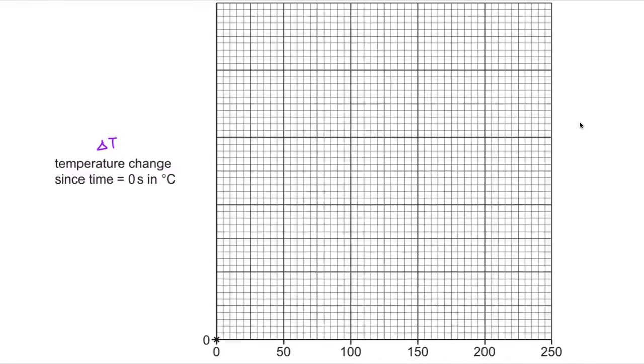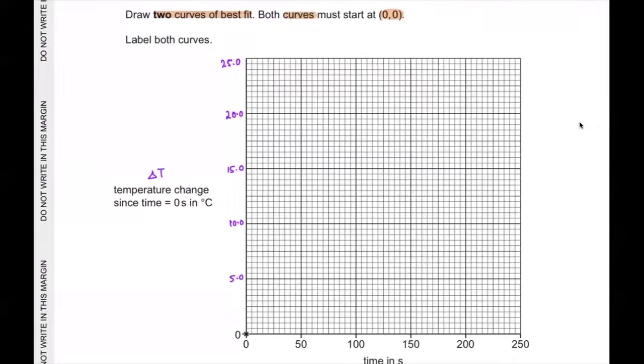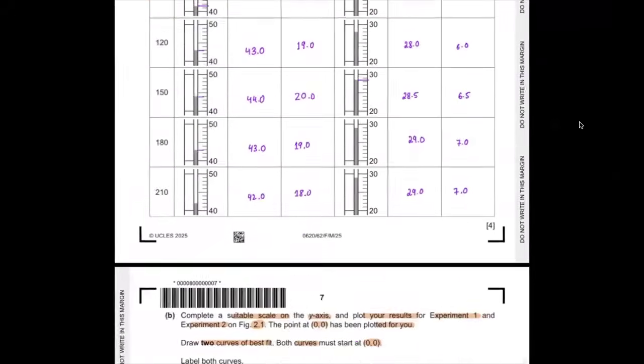So if I take 5.0, 10.0, 15.0, 20.0, and 25.0, it means that two small boxes are equal to 1 degree, right?